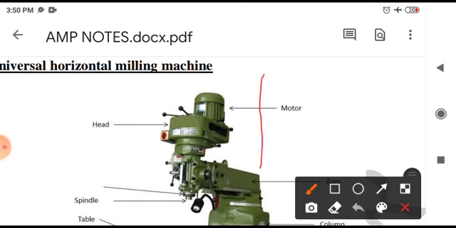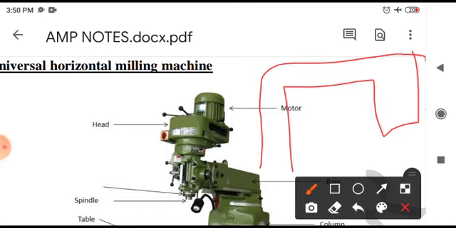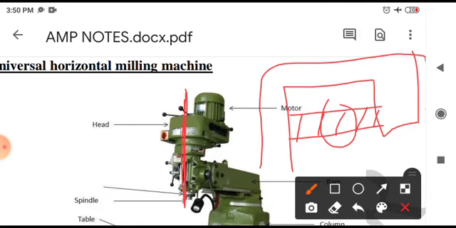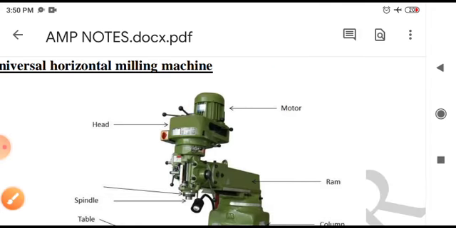Let me draw it sideways. This type of milling machine is a horizontal milling machine, and for that purpose we need an arbor at this point. This is the arbor, in which the milling cutter is attached.